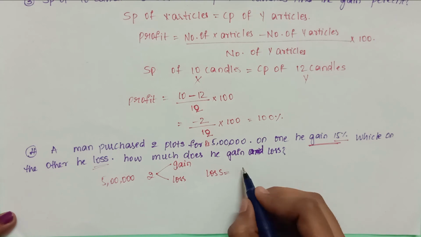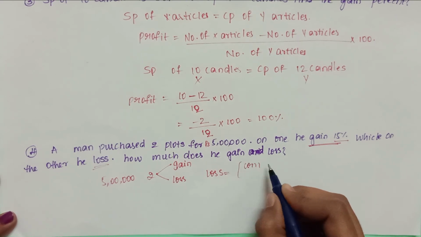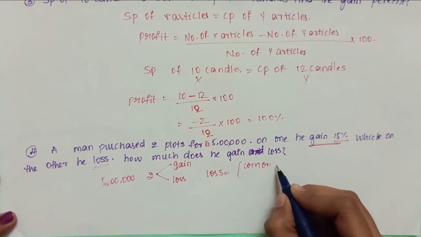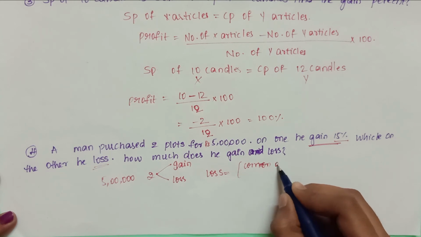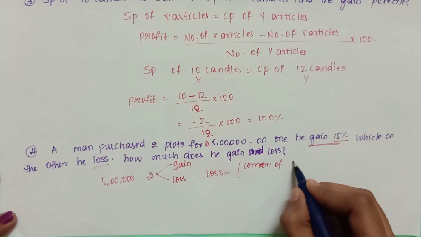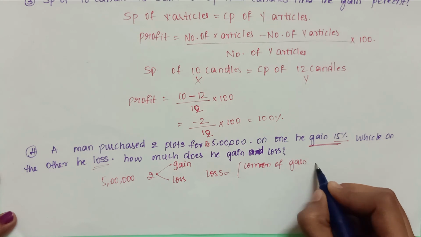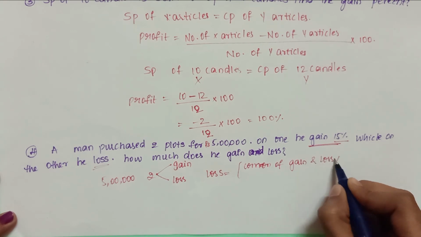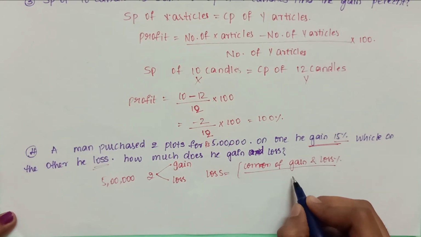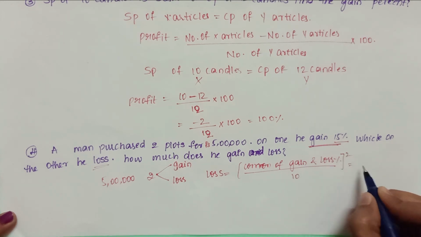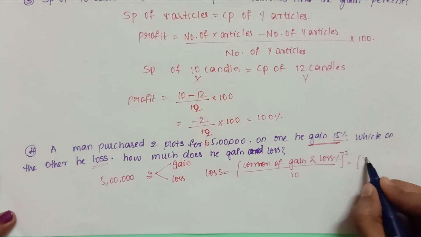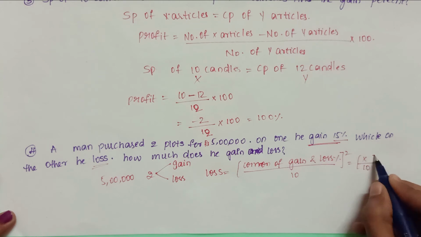So loss is equal to the common gain and loss percent, X by 10 square.